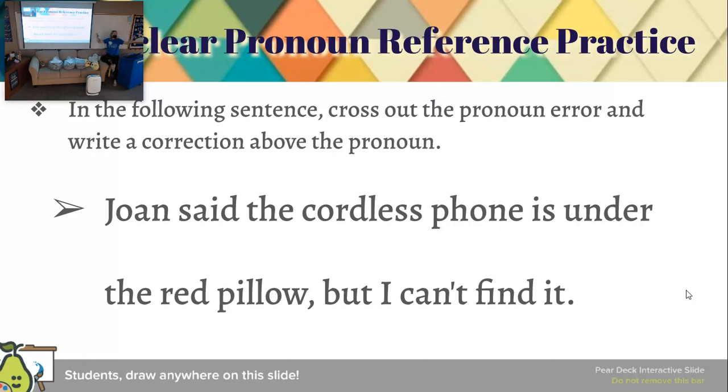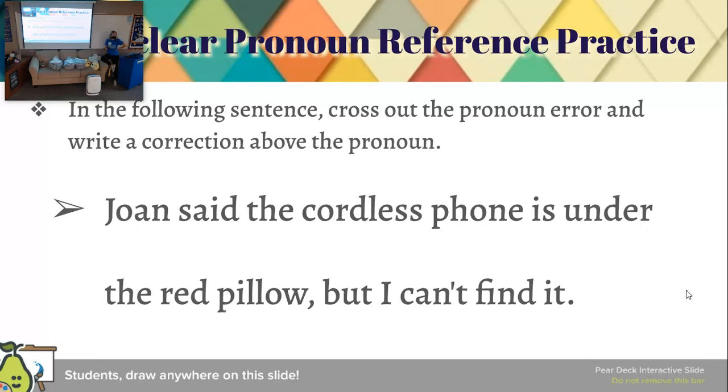We don't know. So how do we fix it? How do we fix it? Creighton. Yes, we just have to replace this pronoun it with whatever word it was meant to refer to.